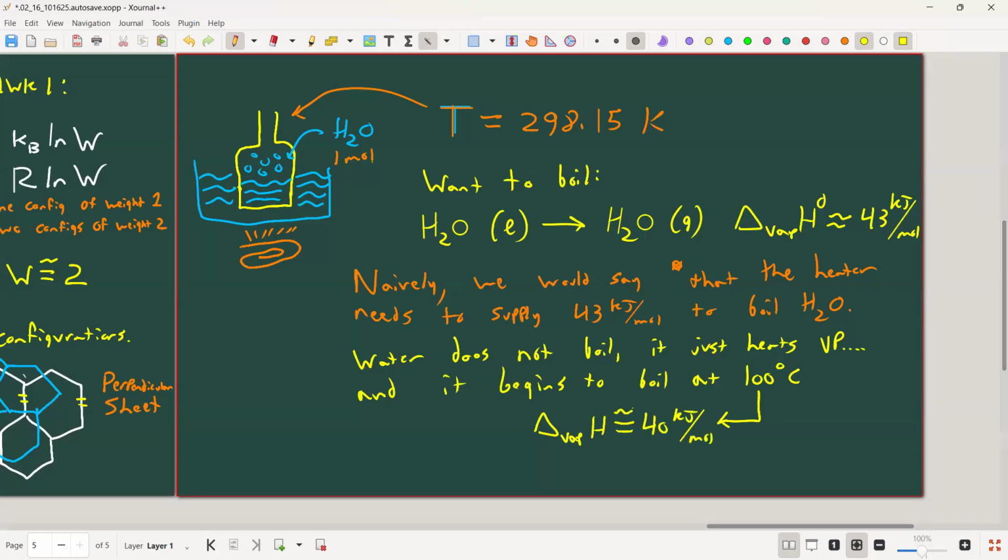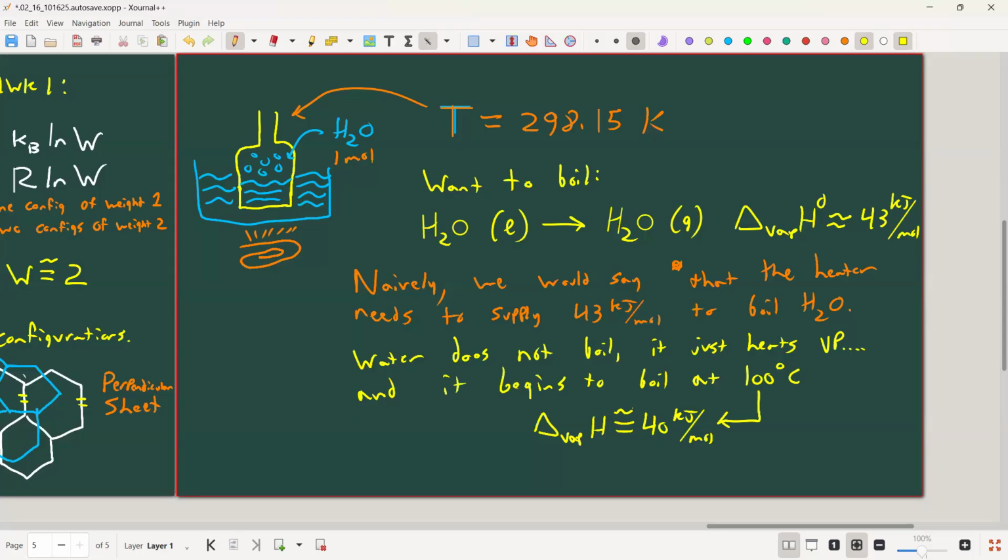So the enthalpy really hasn't changed that much. But somehow I've gone from a situation where it's 43 kilojoules per mole, I put enough energy into it, it doesn't boil, it just heats up. And of course it starts to build a little more vapor. We keep feeding it energy, and in fact the energy requirement gets less as the temperature increases. But we don't see any boiling until we hit that temperature anyway.